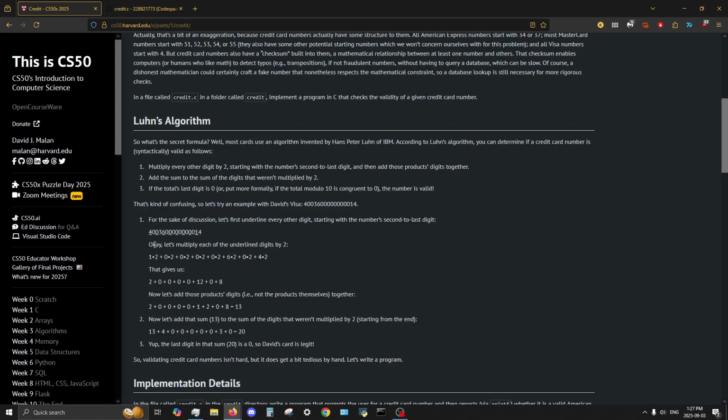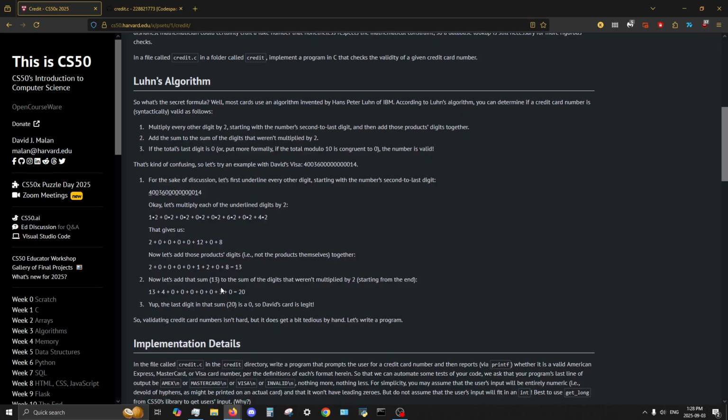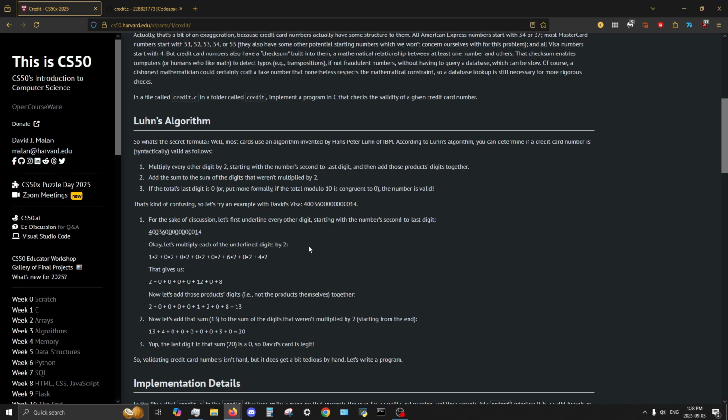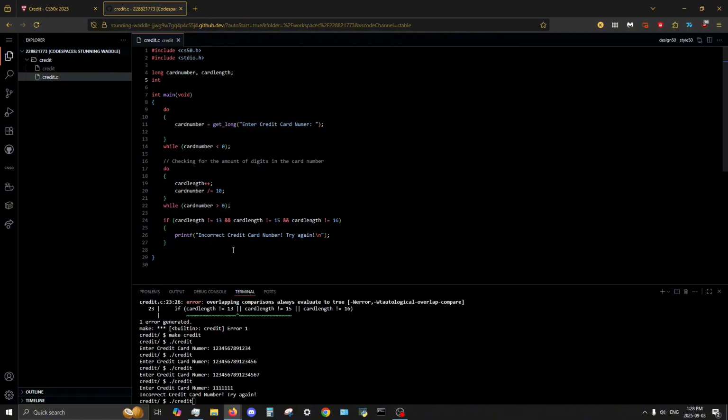So the numbers that are underlined, you need to multiply them by 2 and then add them. You need to add the numbers that are not underlined directly. Right. Okay.